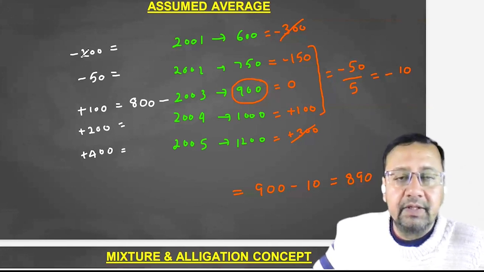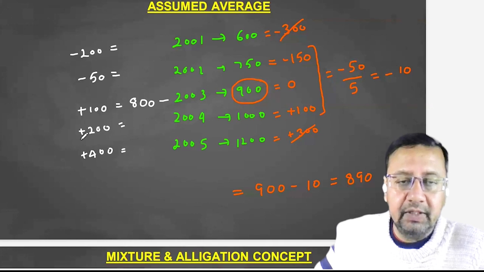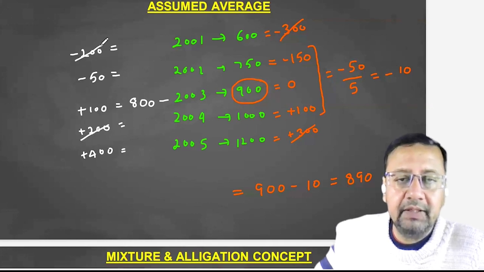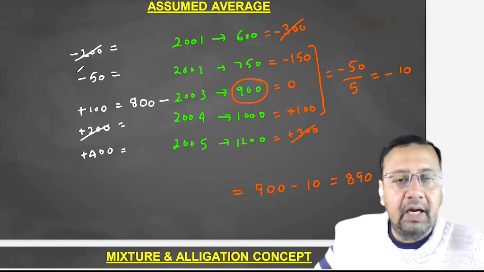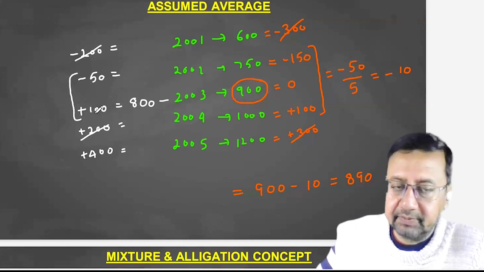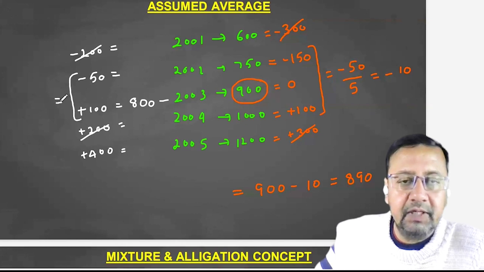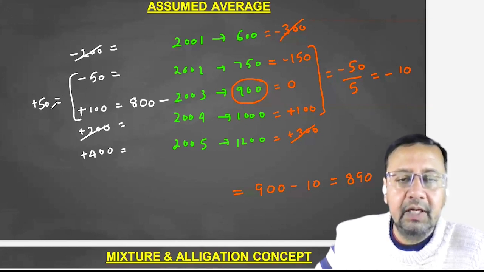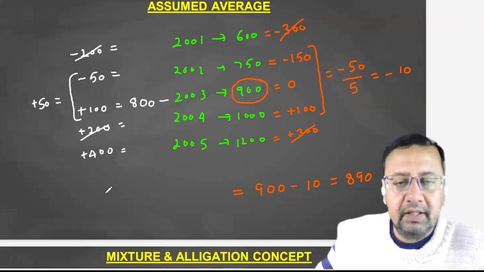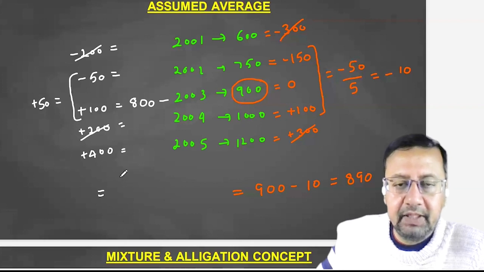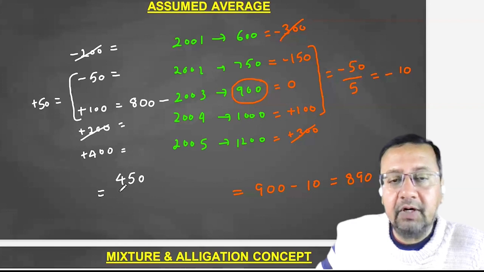So this is 200 and 200. So plus 200 minus 200 cancelled. And if I take this, so minus 50 plus 100. So this will give me plus 50. Done. And now what is the number we are having? 400 plus 50, that is 450. Right? For how many numbers? 5 numbers.